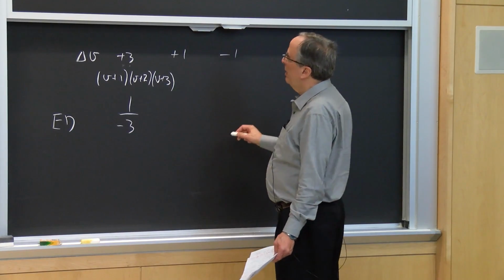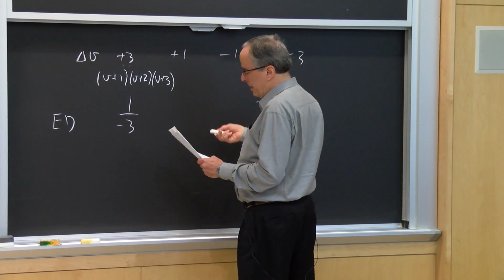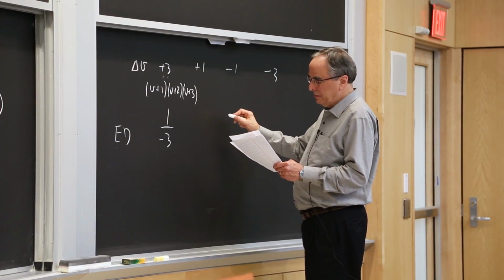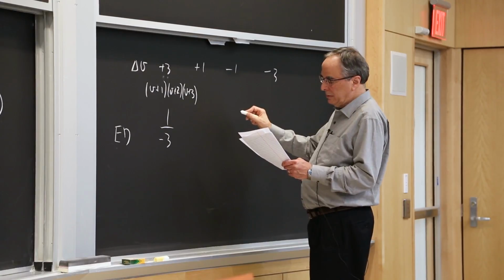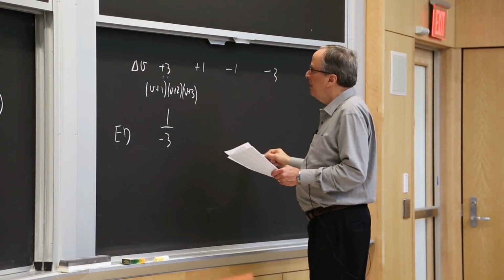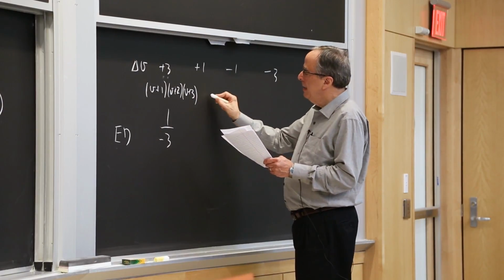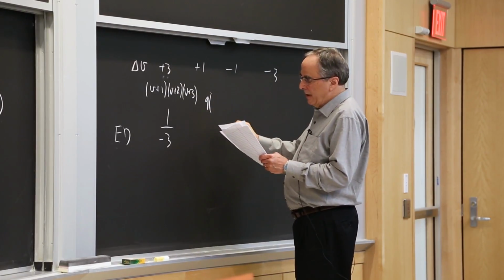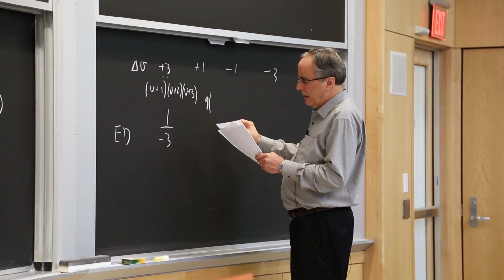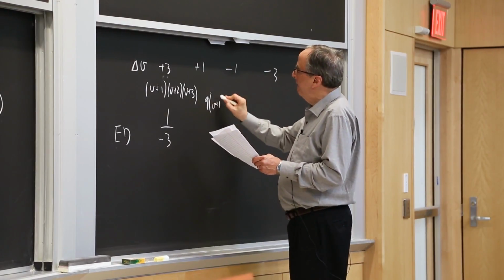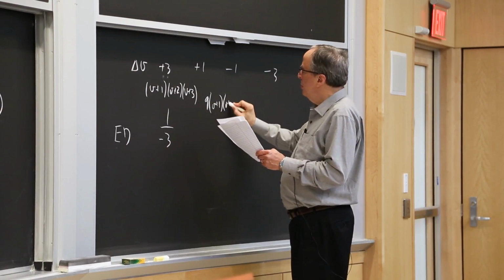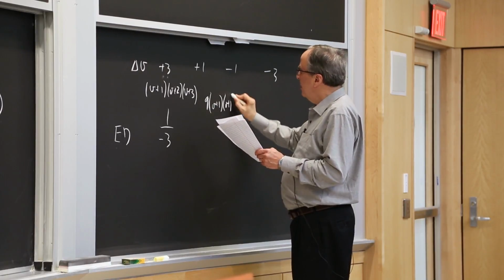And so we get a minus 3 in the energy denominator. And then the plus 1 comes out to be, I've got it in a different order in my notes, 9 times V plus 1, V plus 2, V plus 1 squared.